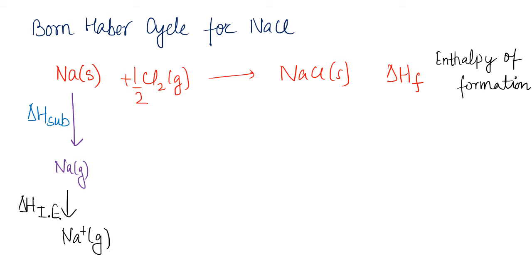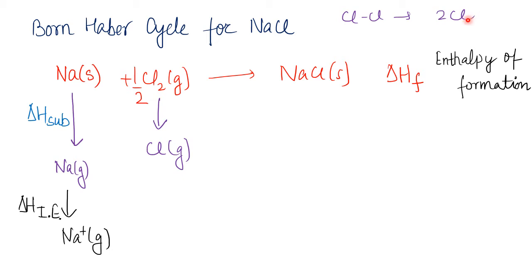Right guys? Now we have half a Cl2 molecule, and we will convert it into Cl atoms. So we convert this into Cl gas. This is called bond dissociation energy. Listen carefully: when we break one molecule of Cl2, we get two atoms.